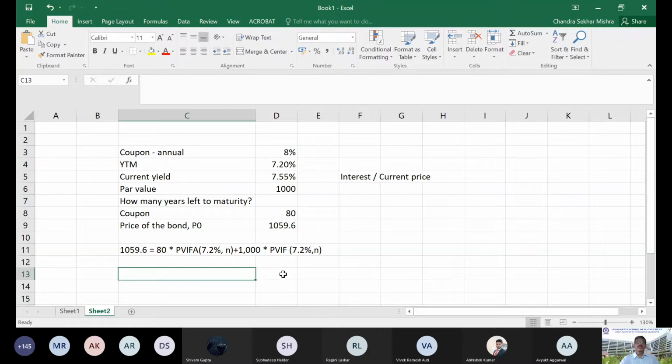If you're doing it in Excel, how do I do that? Assume N as, let's say, anyone, please try to do it in your Solver. The PVIF formula, we have all discussed in some class.